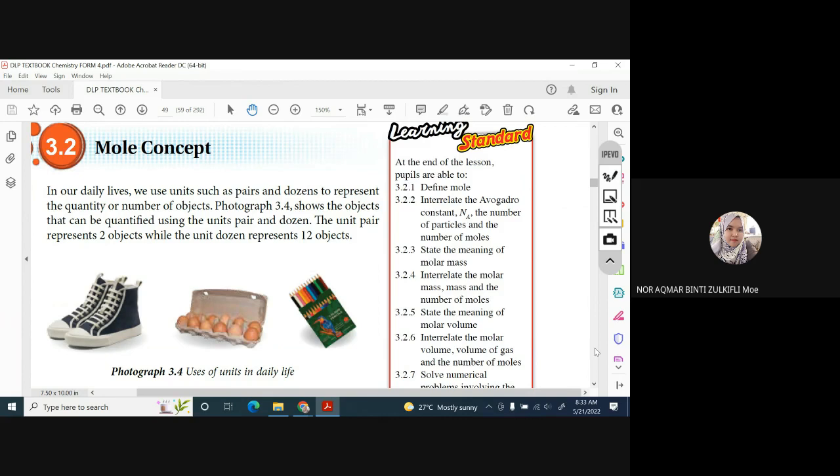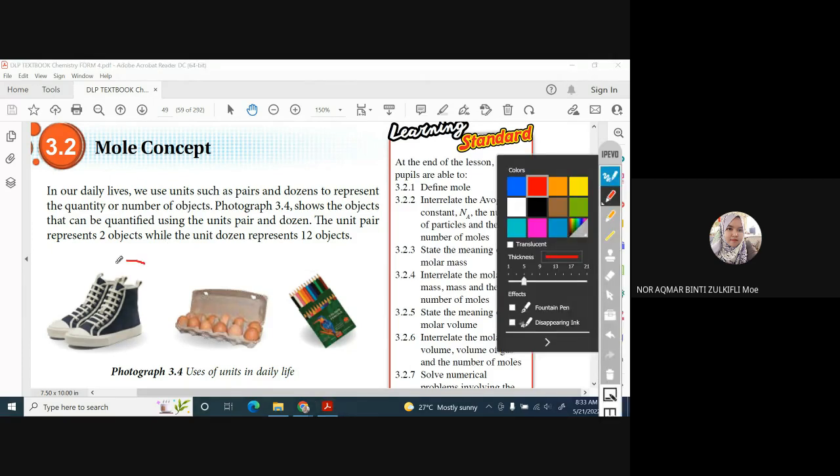Actually in our daily life, we use units such as pairs and dozens to represent the quantity or number of objects. For example, shoes, we call it a pair, right? A pair of shoes.